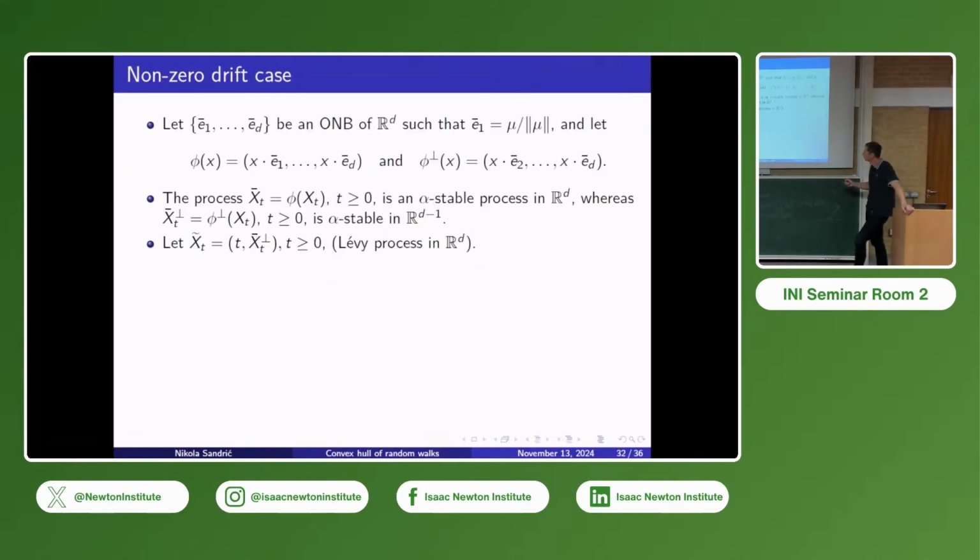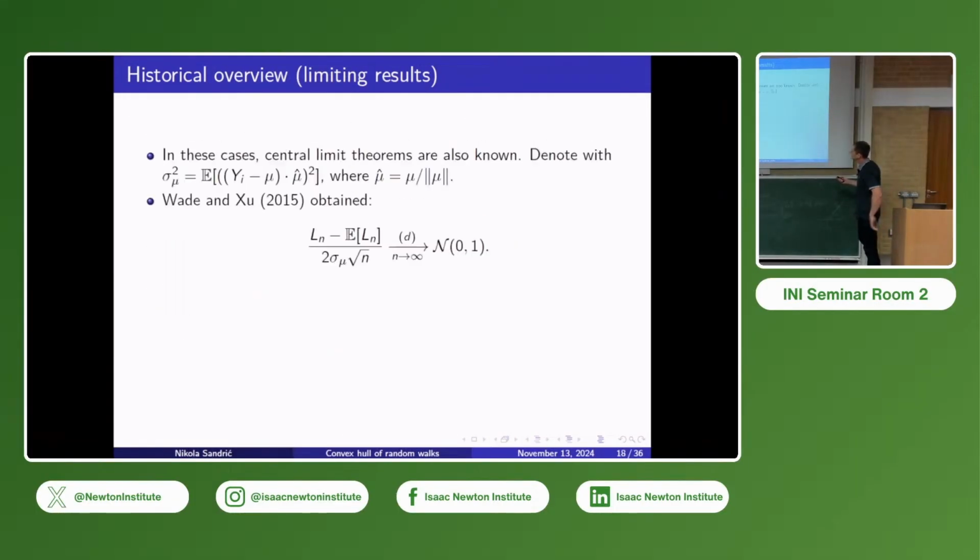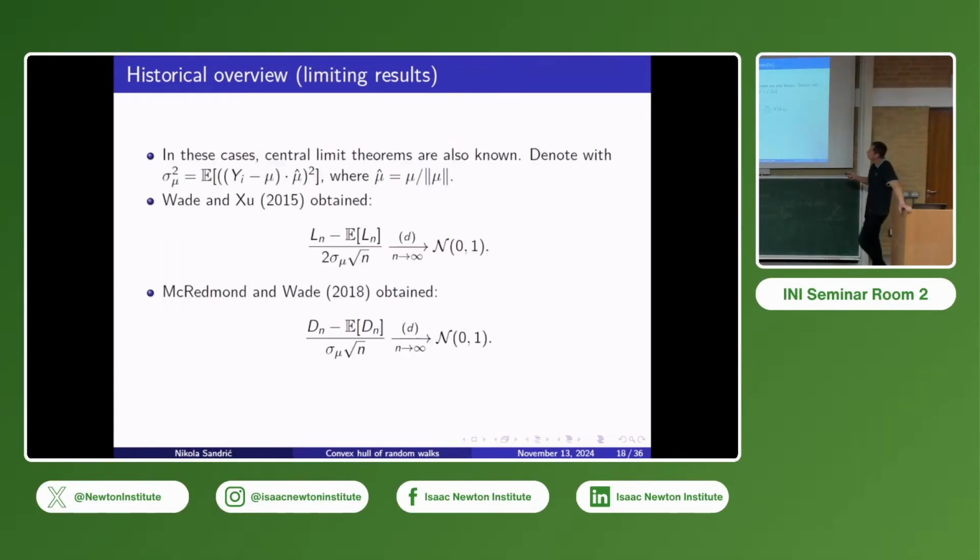Why? Well, let me go back almost to the beginning just to comment on this. So these are the CLTs for the perimeter and diameter in the two-dimensional case, the results shown by Wade and Xu, and McRedmond and Wade. In this situation, they needed this variance, which is the variance in the direction of the drift, to be strictly positive. How does one get this number here?